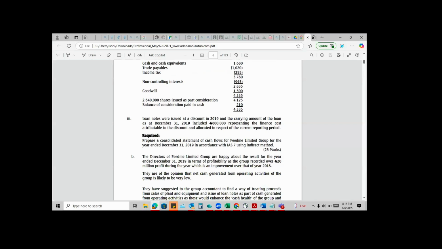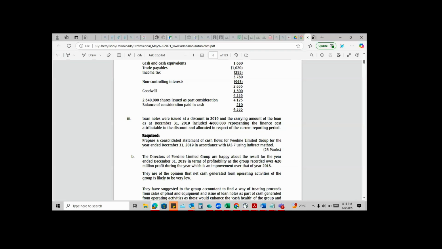Now, I already told you that this will always be given to you. Never forget that what they are trying to do here is the same way you would normally calculate goodwill. But the aim is not to show you goodwill. The aim here is to give you the breakdown of the assets and liabilities of the subsidiary that was acquired, so that you can have those breakdowns when you are doing the movement of assets and liabilities.